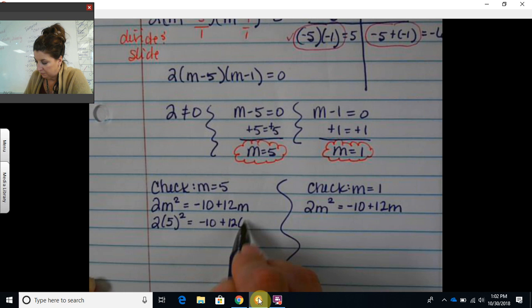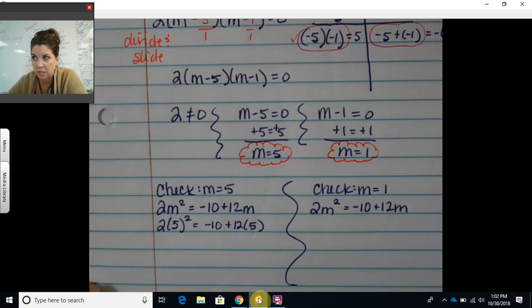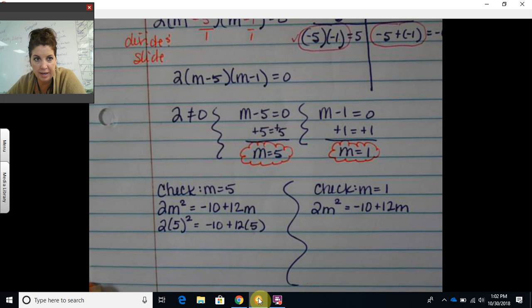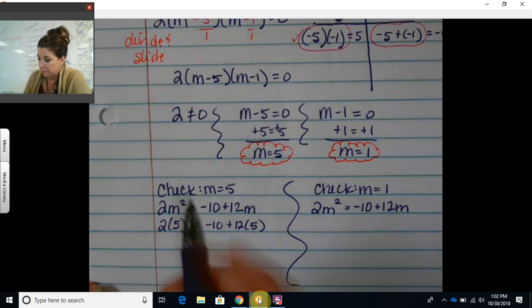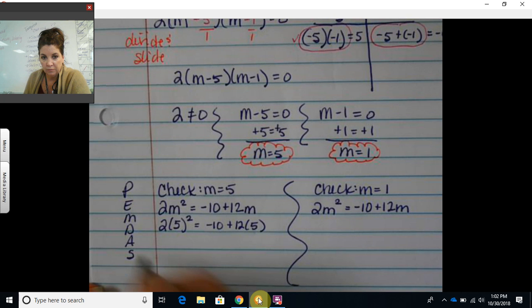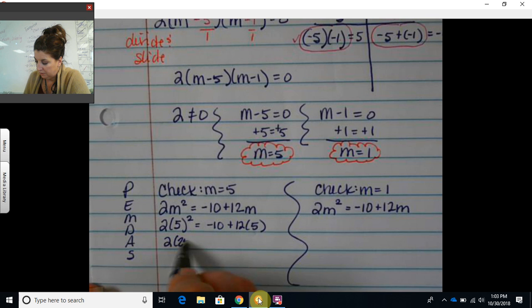And once I do that, there's no variables in the equation anymore. So don't move anything from one side to the other. Just simplify the left side, simplify the right side, and see if they equal each other. Okay? Order of operations. Remember PEMDAS. What do I do first? 2 times 5 or 5 squared? 5 squared is what? 25.